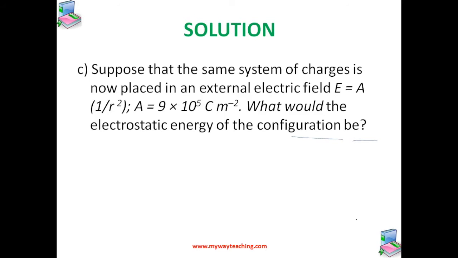So now let us go to the third part. Same system of charges is placed in an external field. What will be the case? We already know the equations. The mutual interaction energy of the two charges remains unchanged.